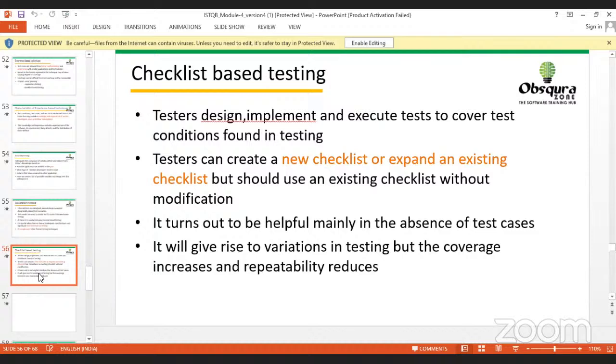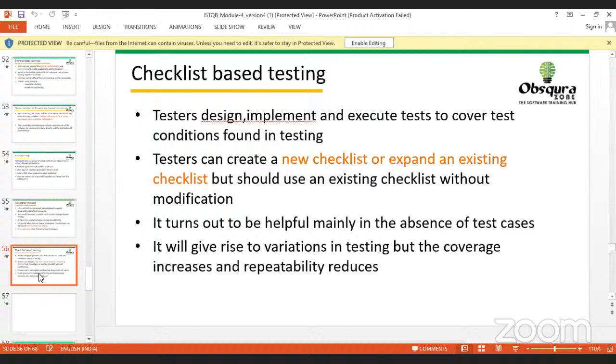It turns out to be useful mainly in the absence of test cases. When you don't have much detailed test cases, this checklist is very useful. It will give rise to variation in testing when the coverage increases and repeatability reduces.